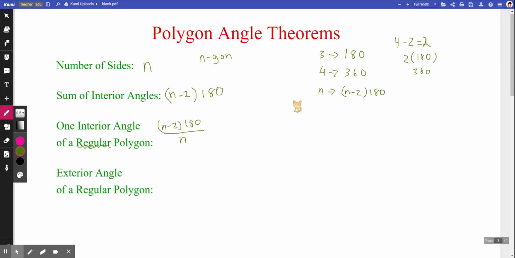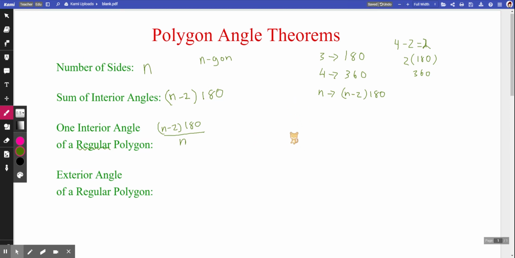So for a triangle, an equilateral triangle is a regular triangle. So 3 minus 2 times 180 over 3 equals 180 over 3 equals 60.